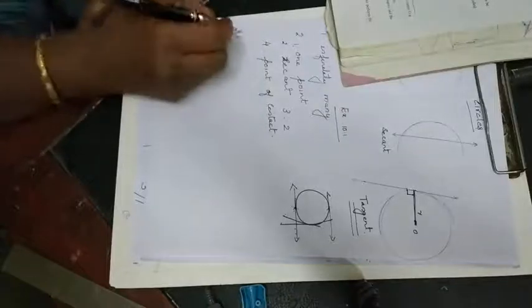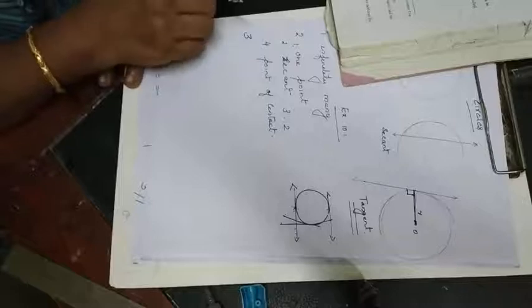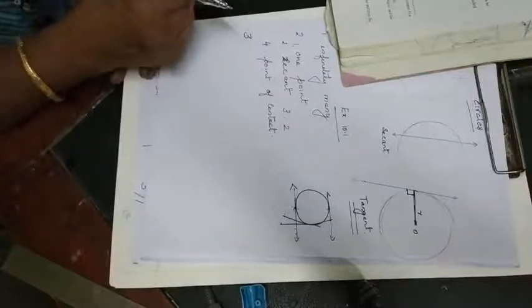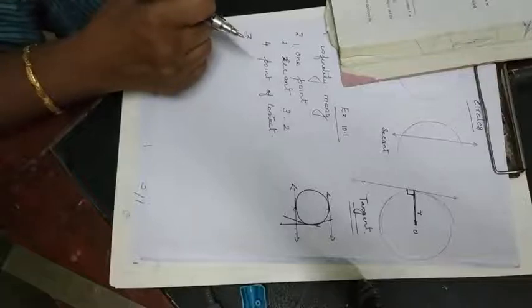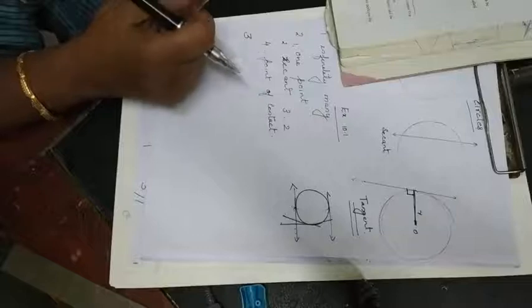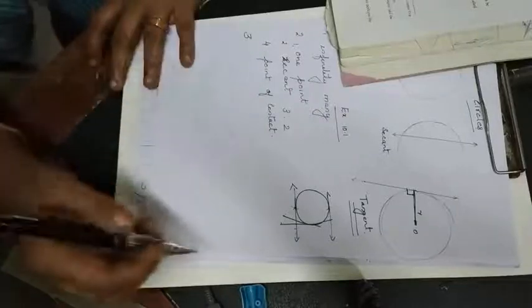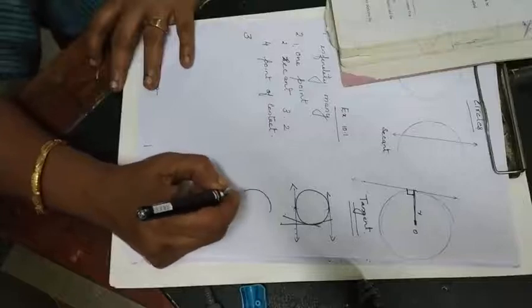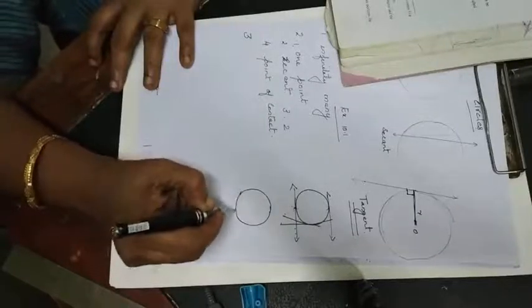Okay. Now third one, a tangent PQ at a point P of a circle of radius 5 meets the line through the center O at a point Q, so that OQ is equal to 12. You are asked to find out PQ. Now look at this one. A circle is there.